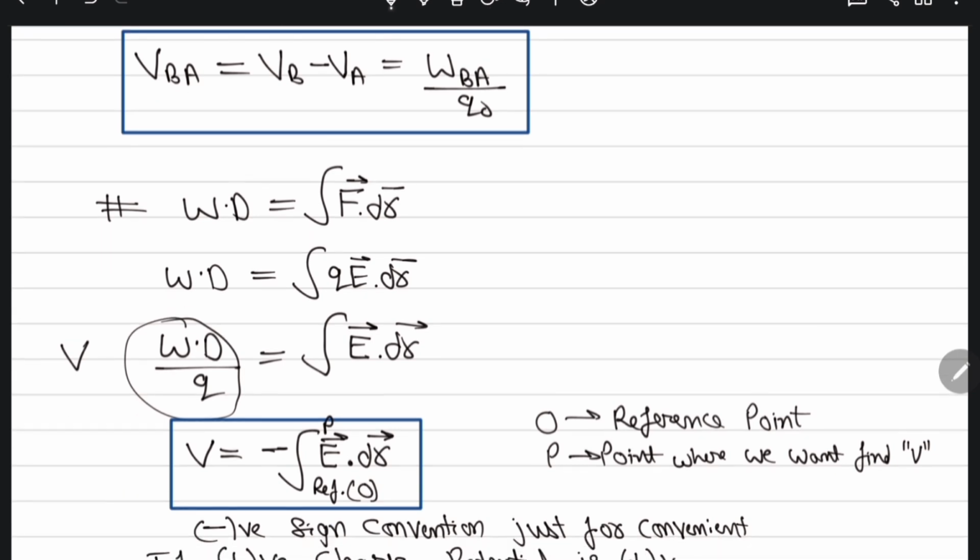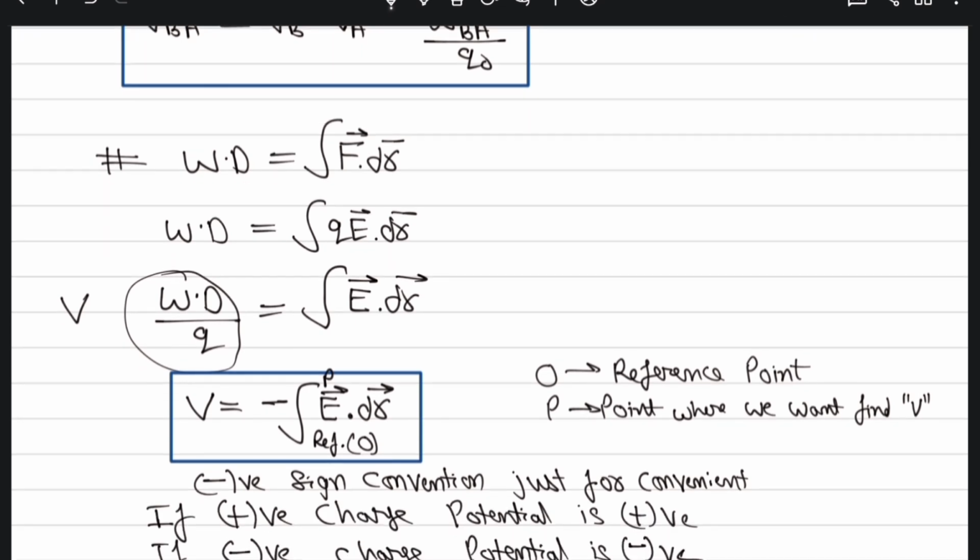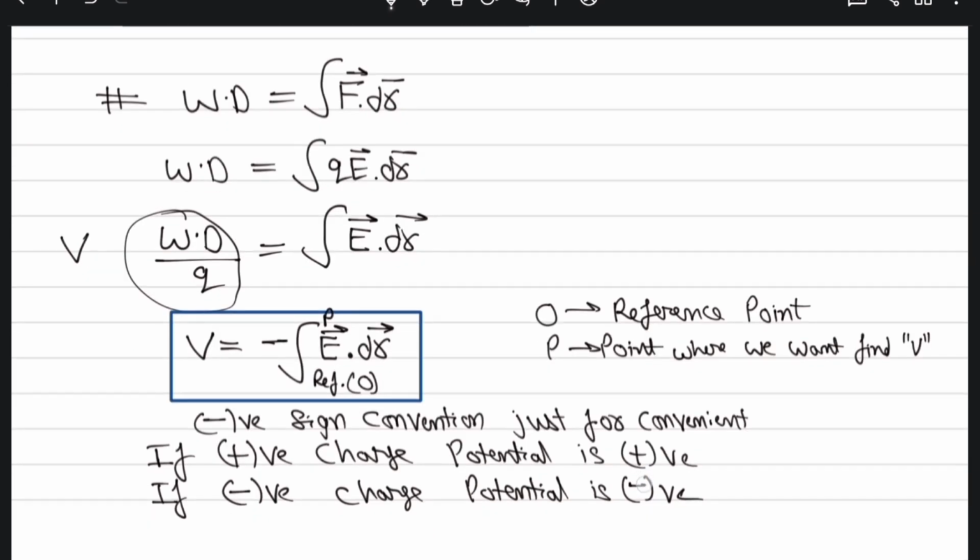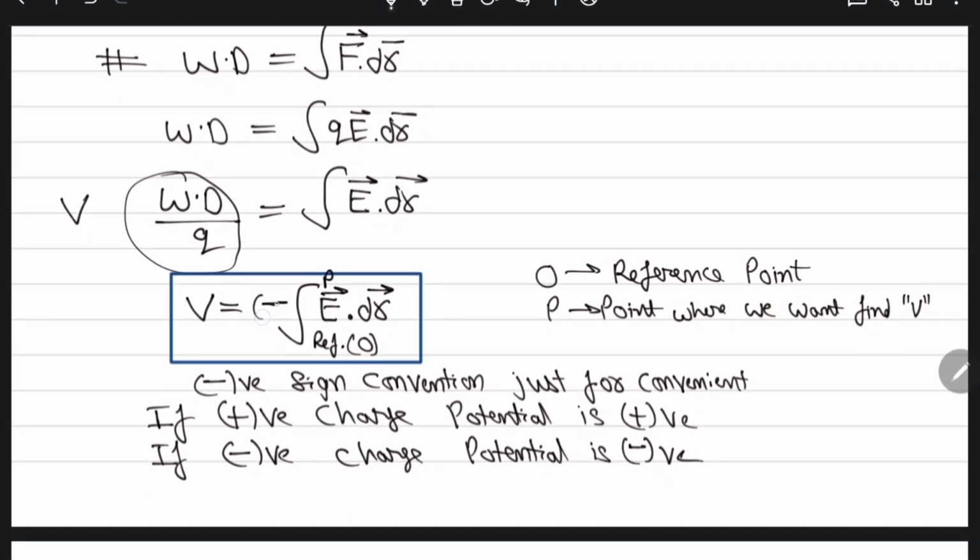So electric potential I can also write as integral E dot dr vector from some reference point to point P. So I define a reference point, bringing the test charge from some reference point to the point where I have to find the potential due to this charge. Right. So here I put a negative sign.